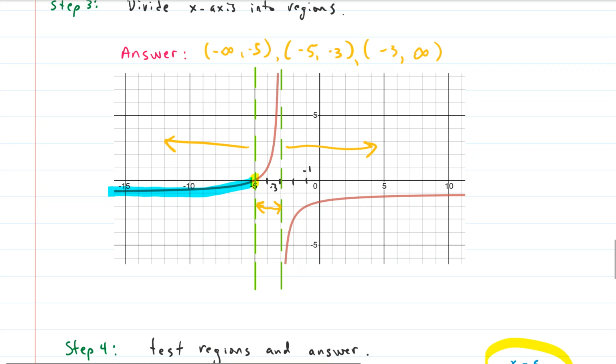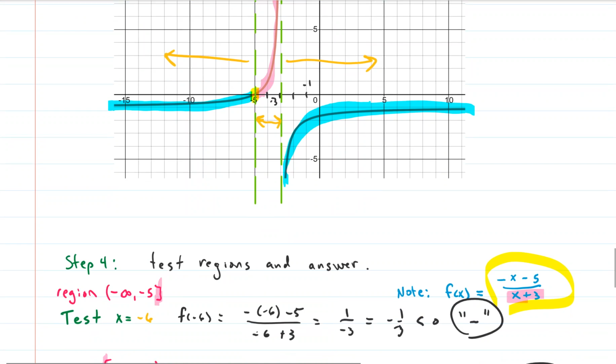Then pink or red between -5 and -3, which is the region we wanted, right? And then blue again, below, from -3 to positive infinity. So the only region that was pink or above the x-axis or equal to the x-axis is from -5 to -3, and we include -5.